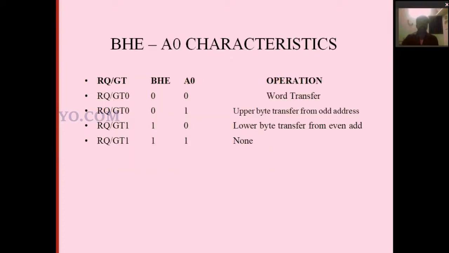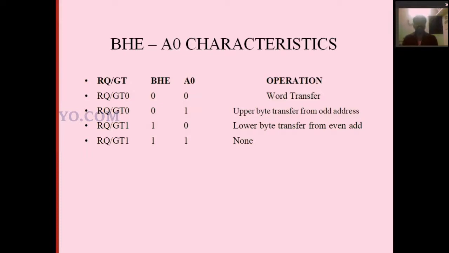Then some operations are based on some signals. Two request and grant signals are present: request and grant 0 and request and grant 1. Bus high enable and A0, the first bit of the address bus: if both are 0, that indicates a word transfer. What is a word transfer? A word means 16-bit data.